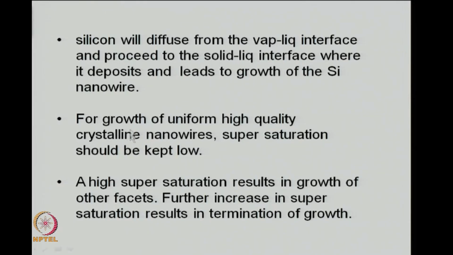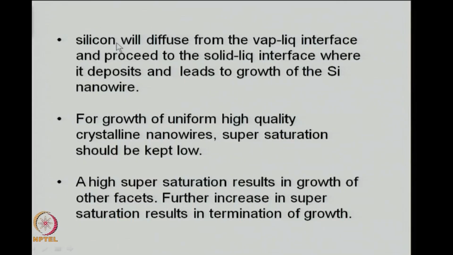Now, in the case of silicon, if you take silicon as the substrate, then silicon vapors will be formed. Then the molecules in the silicon vapor will impinge on the liquid droplet, which is some catalyst. It may be gold or platinum. Normally gold and platinum are used.